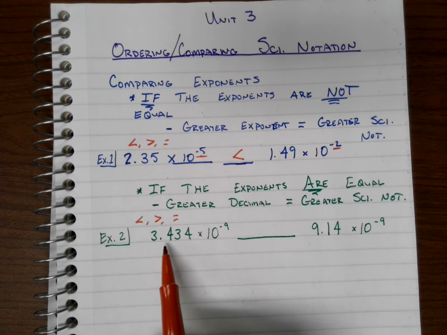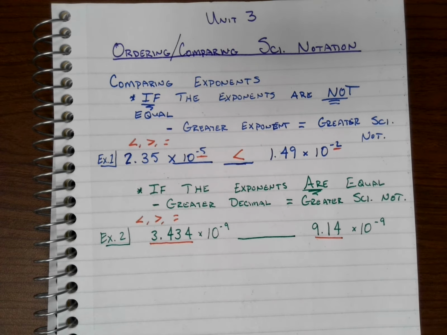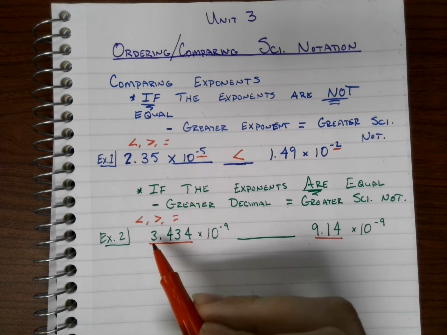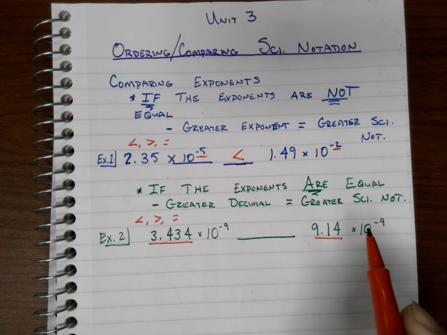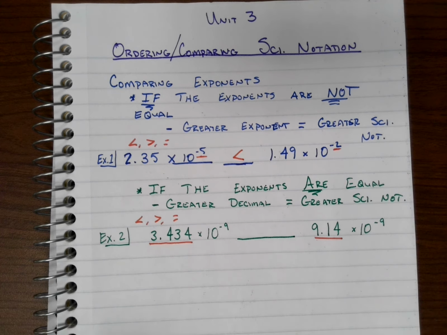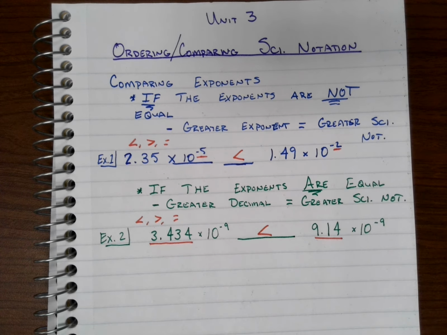We have to look at these two numbers, 3.434 and 9.14. Which one is greater? Well, 9 is definitely greater than 3, so I don't have to go any farther than that to know this number over here is the largest. I don't have to write these in expanded form and then compare them. So this one is my greatest number, and my alligator is going to eat that number, so it'll be the less than sign. It's just as simple as that.